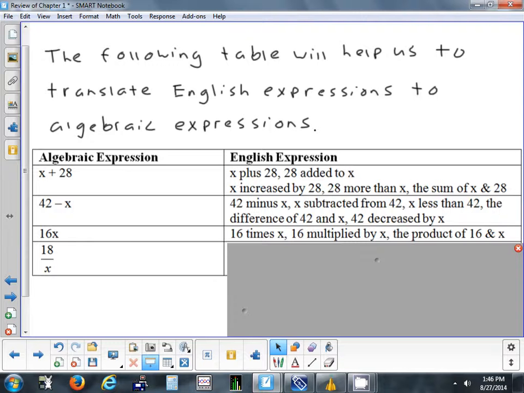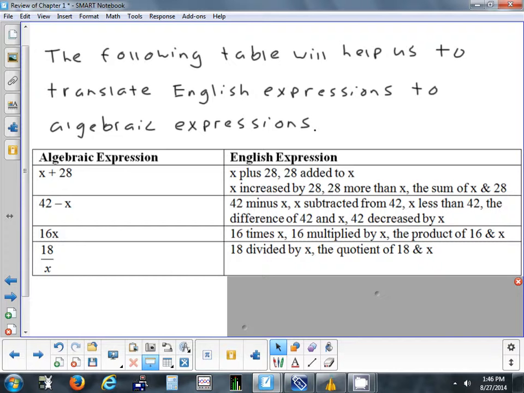Quotient. Yep, you're on the right track. When you divide 2 numbers, you get the quotient. There's not as many ways to say division that we're going to use. We usually use quotient, or we'll just say divided by. Those are the common ways.